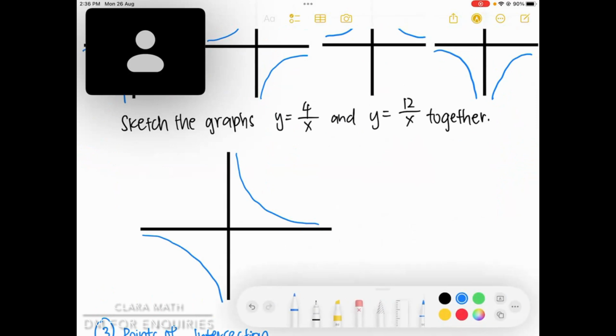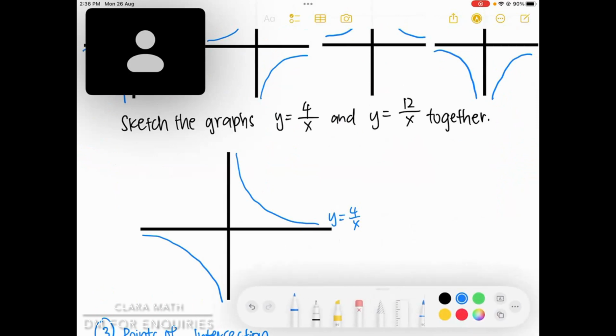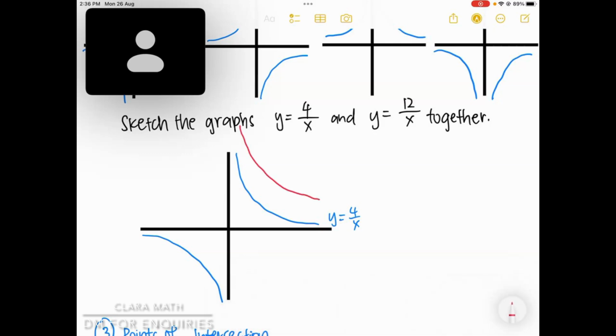Then you can label this as the 4 over x. But for the 12 over x, I need to make it higher, because for the same values, basically it's like 4 over x times 3, you get 12 over x. So it has to be 3 times higher. So you can just draw something like that. It will still have to go towards near the axis.